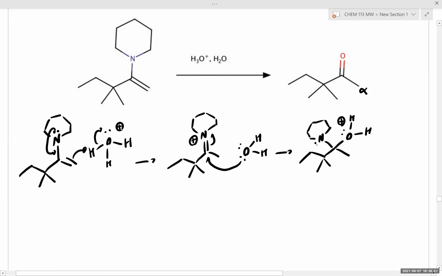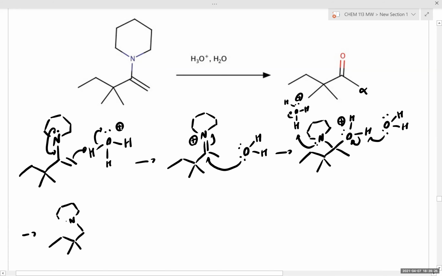Now, we still have to activate our amine as a leaving group and free up a lone pair on oxygen. So we're going to deprotonate our oxygen atom and then protonate our nitrogen.